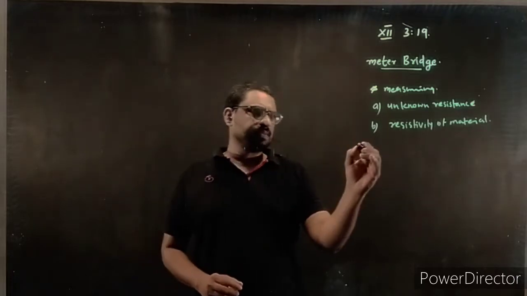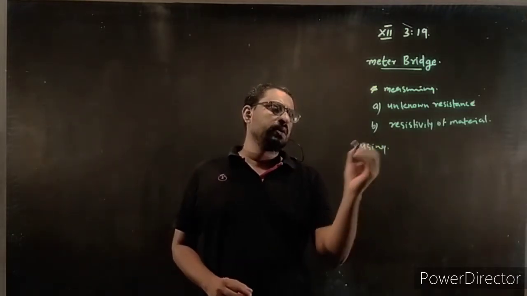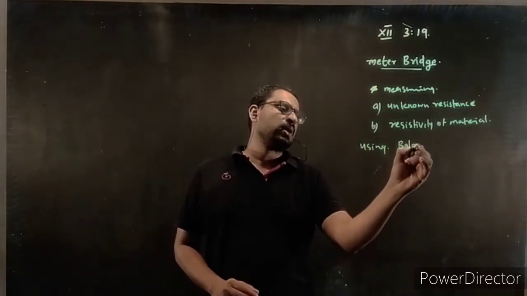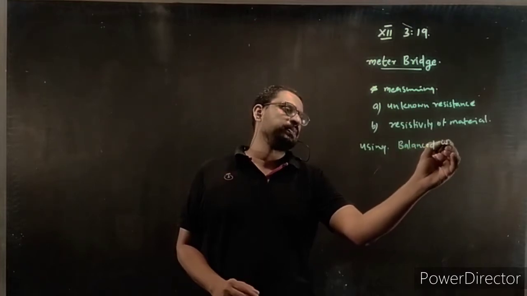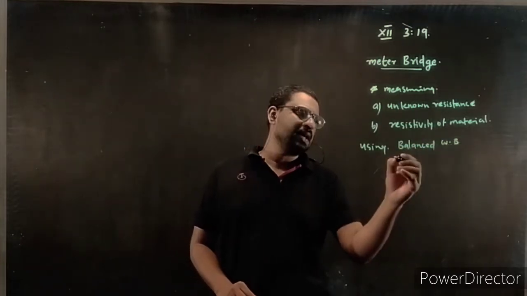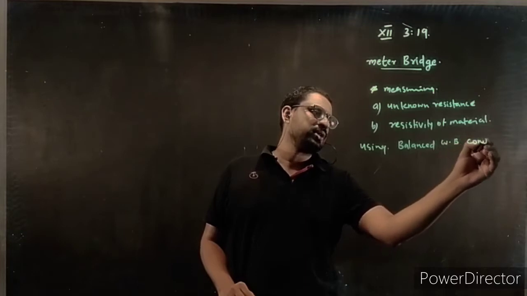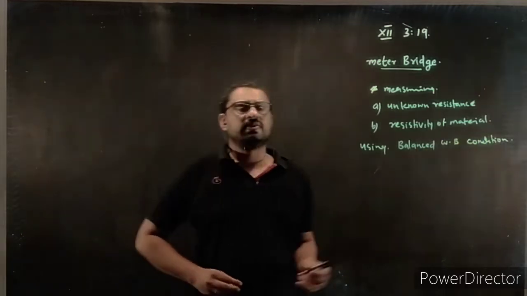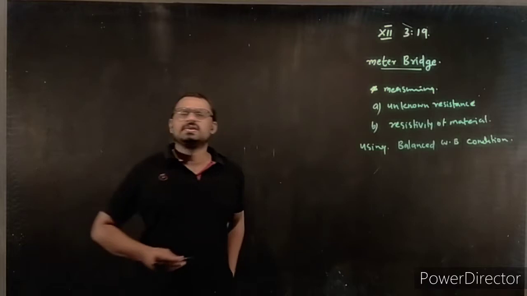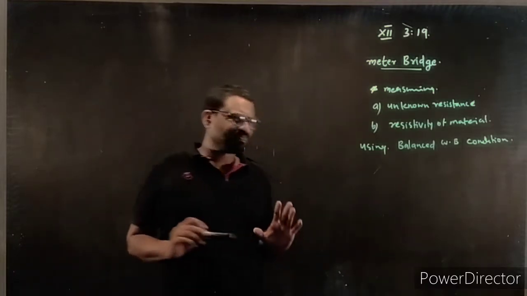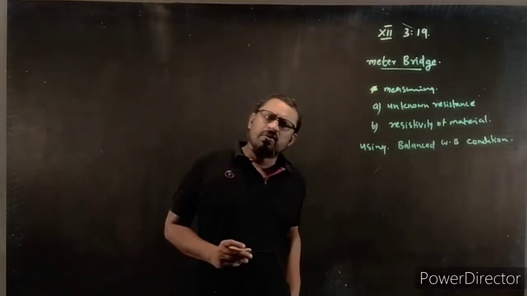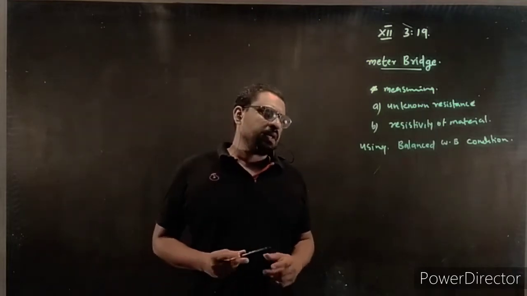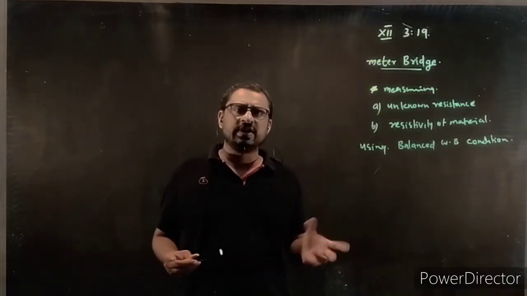And it is using the balanced Wheatstone's bridge condition. How? Let me draw the figure for a meter bridge, then I will correlate it with Wheatstone's bridge.